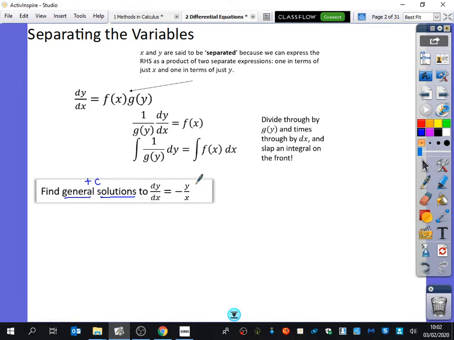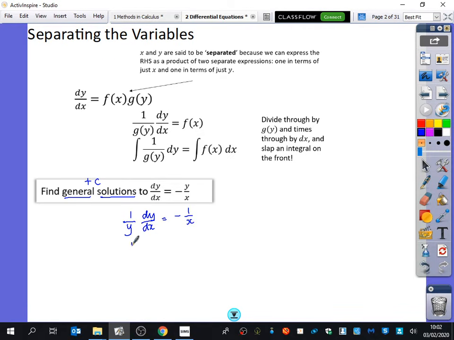Now what we should notice to begin with is the right-hand side is a product of x and y functions. So that means we can use separating the variables. Spoiler, we're not going to be doing this in the future. We're going to be doing ones where you cannot separate the variables. So I'm going to divide both sides by y, so I get 1 over y dy by dx is equal to minus 1 over x.